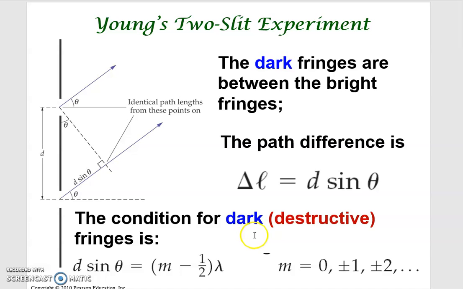So the condition for the dark fringe, which is the destructive interference, is that the difference equals half of the wavelength, or 3 times half of the wavelength, 5 times half of the wavelength. So m is still 0, 1, 2, 3, but you will find out it is not an integer of the wavelengths. It is a half integer of the wavelengths. Now you know the condition for the dark and the bright fringe.